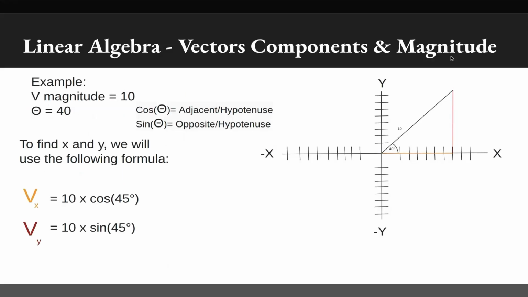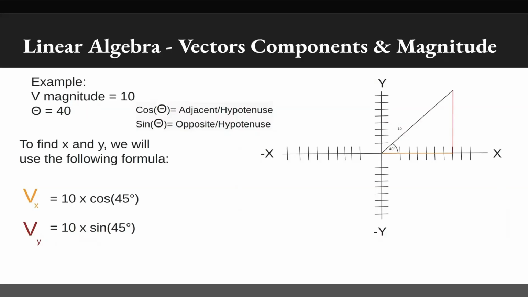So let's break a vector into parts. Say we have a vector with magnitude 10 and angle theta equal to 45 degrees. We want to find how much of it is pointing horizontally, or x, and vertically, or y. Here's how.